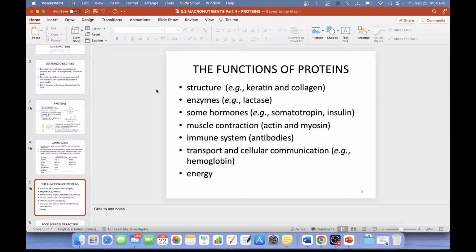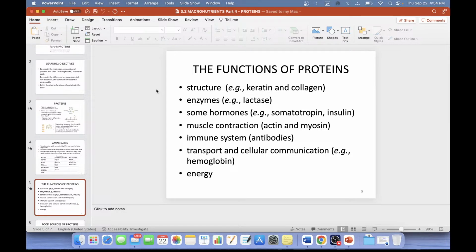Proteins are responsible for our voluntary movements and also voluntary movement of muscles in our body, actin and myosin. They are the agents of our immune system. They are the antibodies in our immune system.